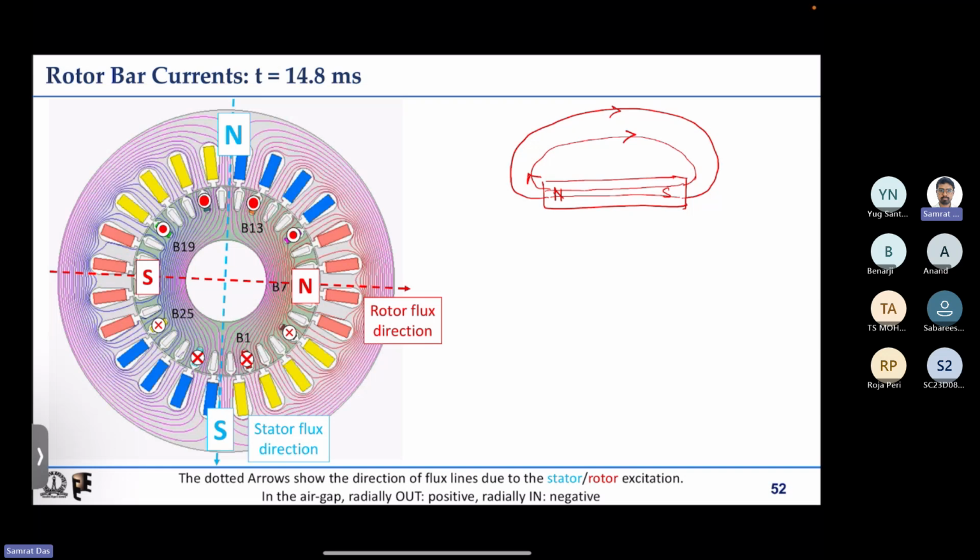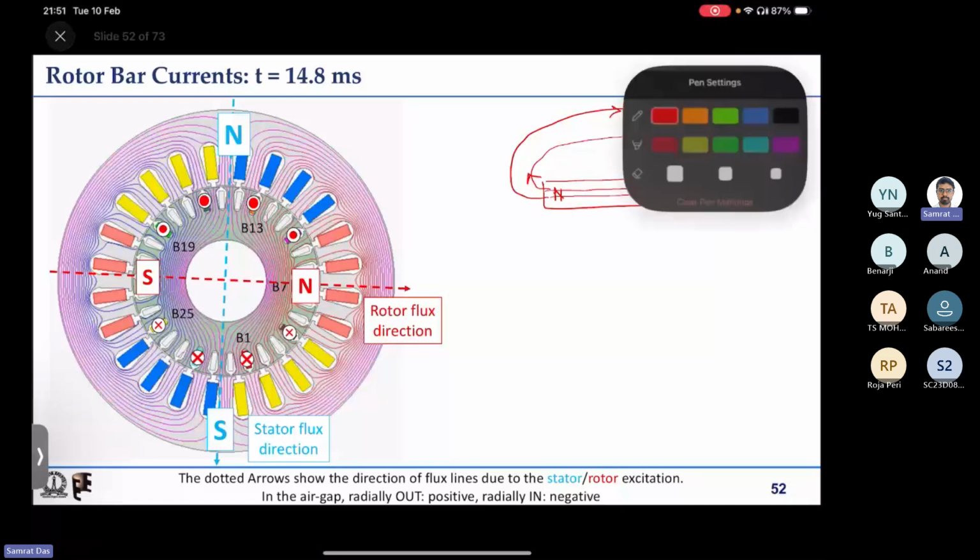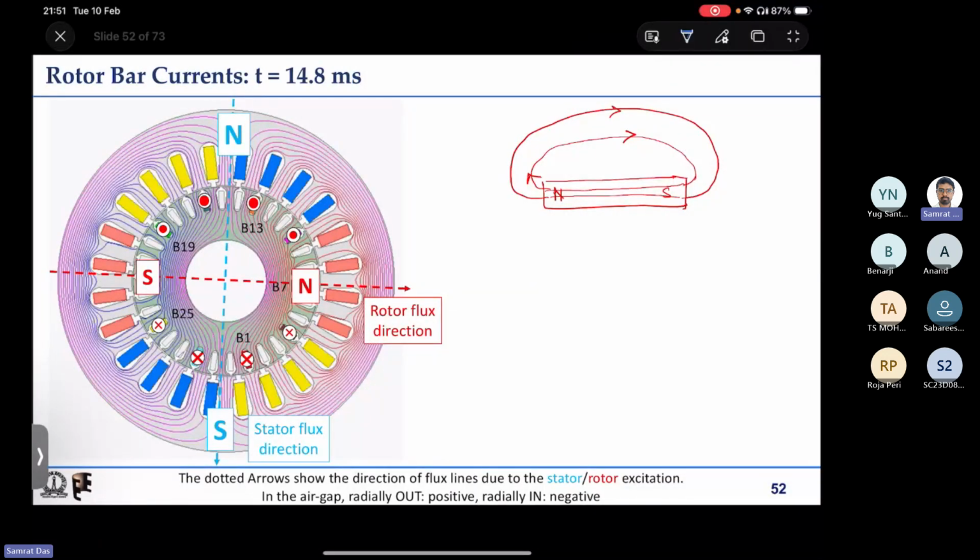Now if we have to define the field direction, we have two choices. We could define the field as an arrow from south pole to north pole, or we could have a convention where the field direction is from north pole to south pole. That is completely based on our assumption or convention.